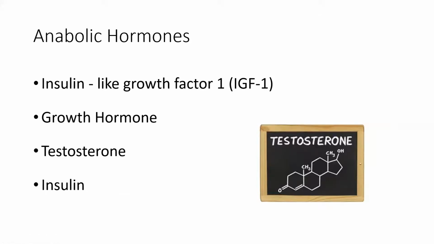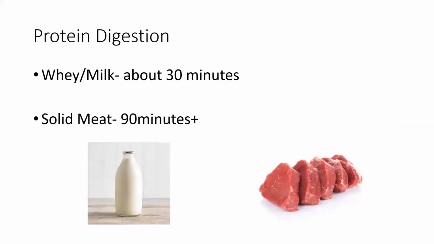We need protein. When it comes to digestion of protein, there are faster digesting proteins than others. So things like whey protein, which is a byproduct of processing milk, and it's a milk protein. One of the benefits of whey protein and milk protein is that it digests in about 30 minutes. So that's why I say your anabolic window, we can talk all about that.